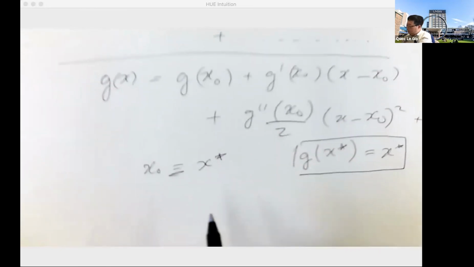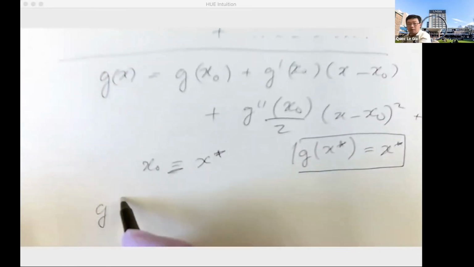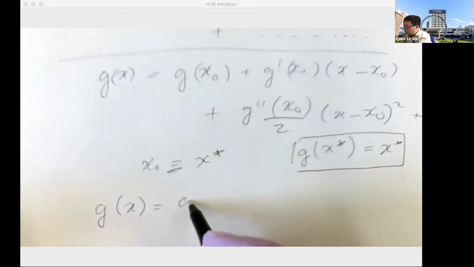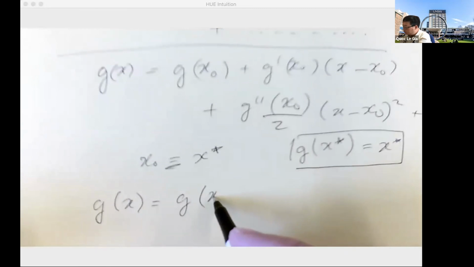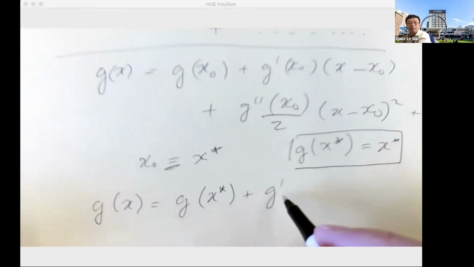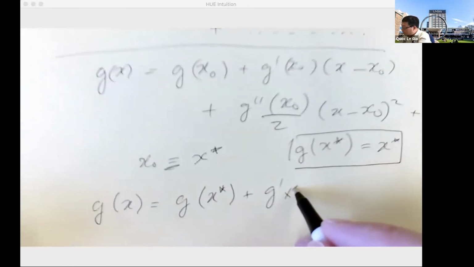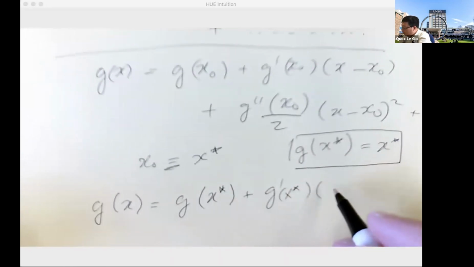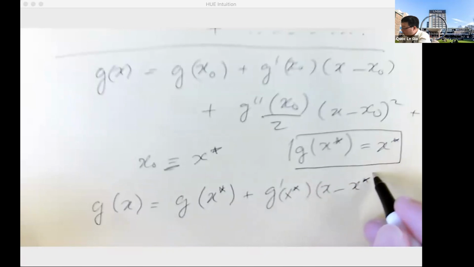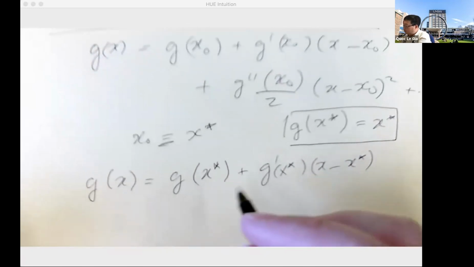Then I have g(x) equals g(x star) plus g prime(x star)(x minus x star). So far so good, right?